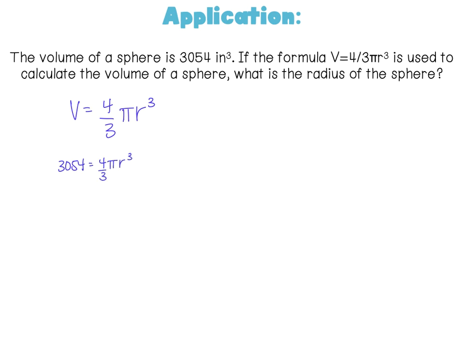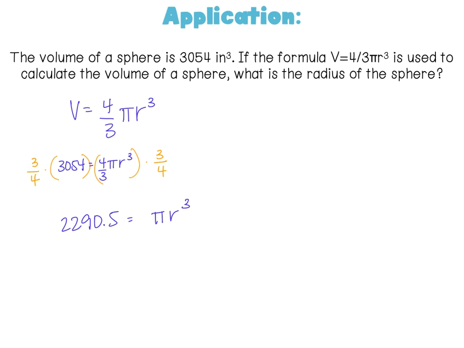I have 4/3 being multiplied right now. We know that the opposite of multiplication is division. However, this is a fraction. You learn in elementary school that you don't divide by fractions, you multiply by the reciprocal. So if I multiply by the reciprocal on both sides, it's going to cancel on the right, and I get 2,290.5 on the left.